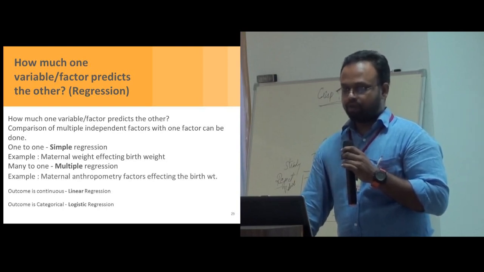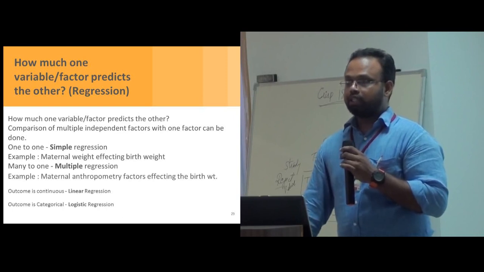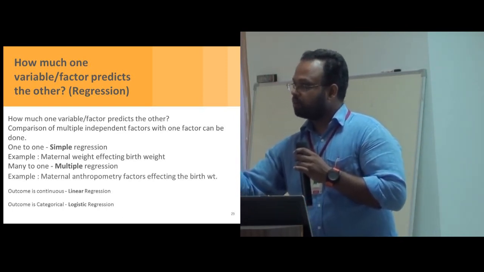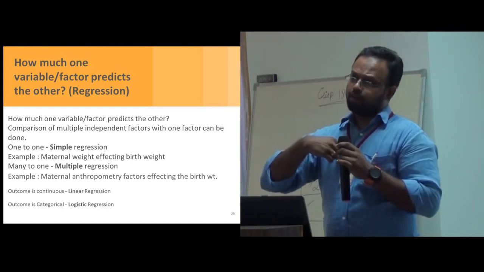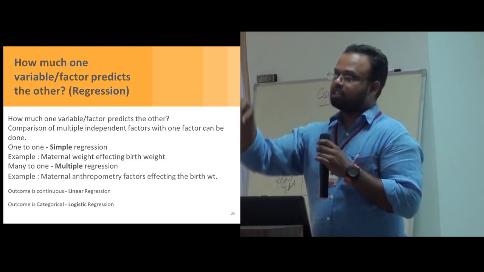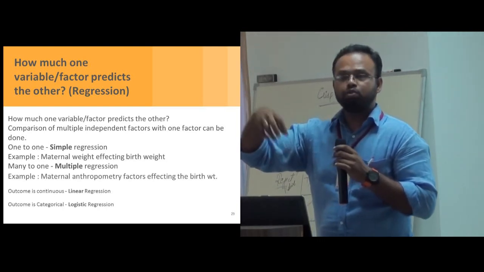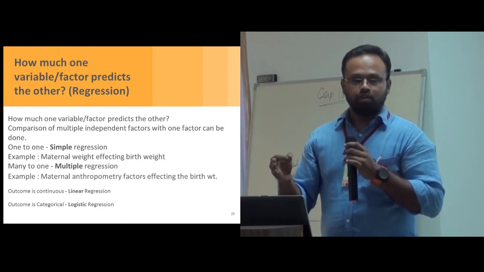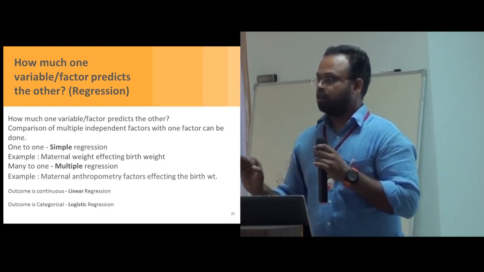So the comparison of multiple independent factors with one another can be done. In this example I have mentioned only your weight and BP. Suppose I reduce my weight and my age increases, how will my BP be affected? If you want to predict with so many factors at the same time, regression is the best choice.